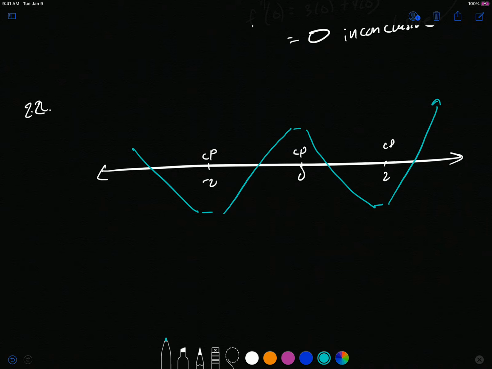Right here. And then at the inflection points, I have an inflection point at -1. Sorry, IP. And then I have an inflection point at 1.